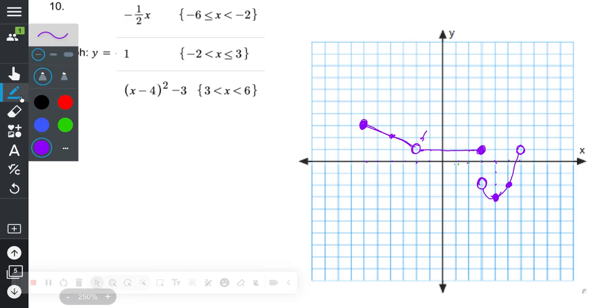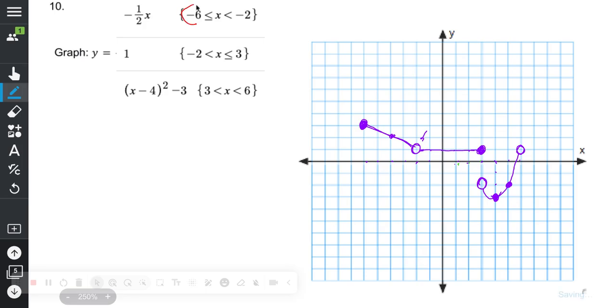Now, another thing that you can do to verify that you're in the right place, if this gets confusing, is take the ends of these ranges, like this -6, as an x, plug it in here, see what y you get.